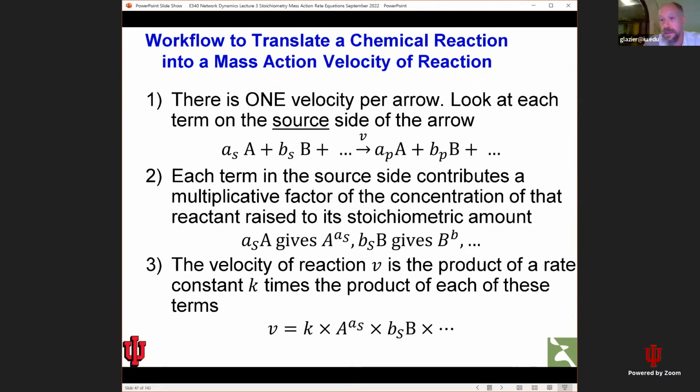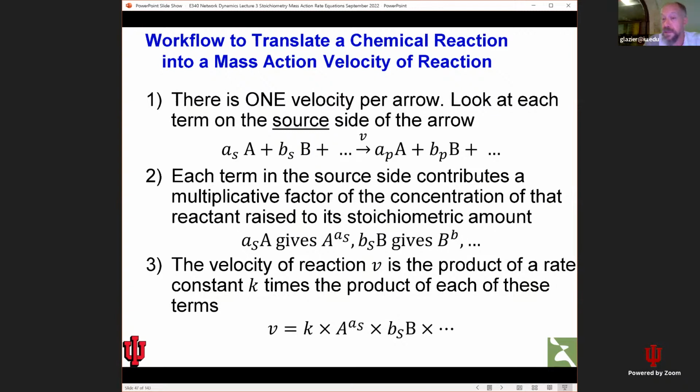But again, let's come back to doing this in a systematic way. Remember that every arrow has only one velocity associated with it. That's the whole point of what we've been doing. So now we have to do what Joel was asking about, which is we're going to multiply. The stoichiometric coefficient of A, a_s, gives us A to the a_s in the mass action law.